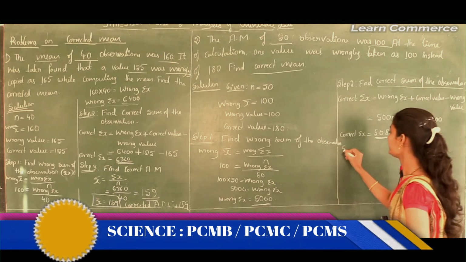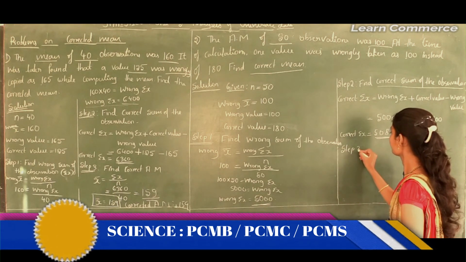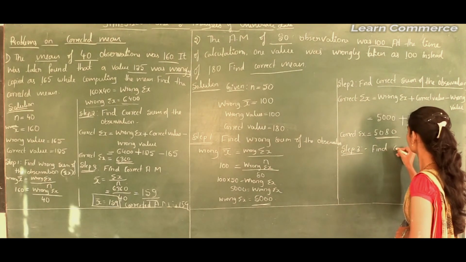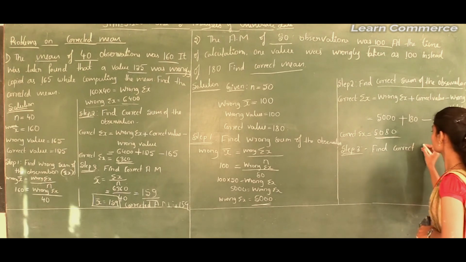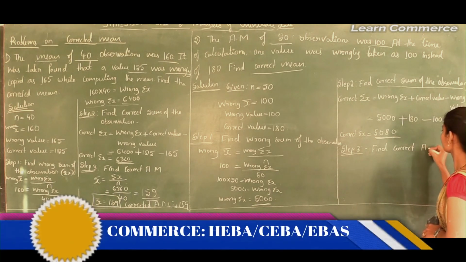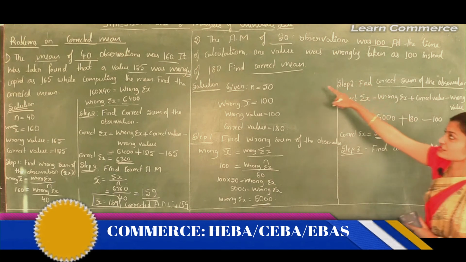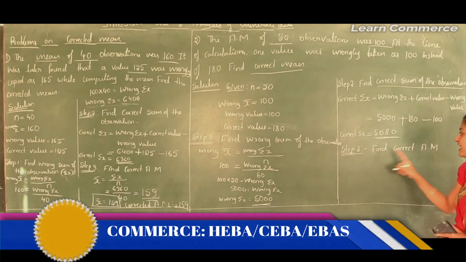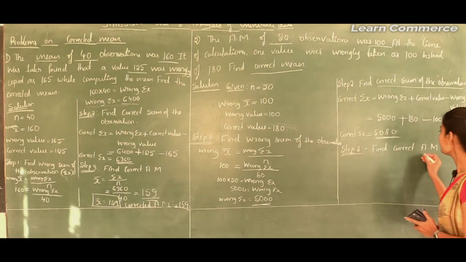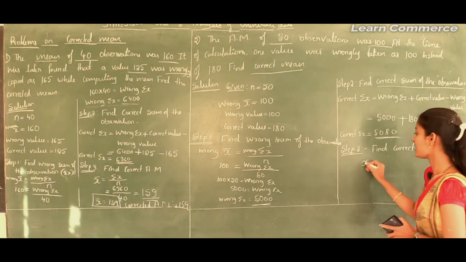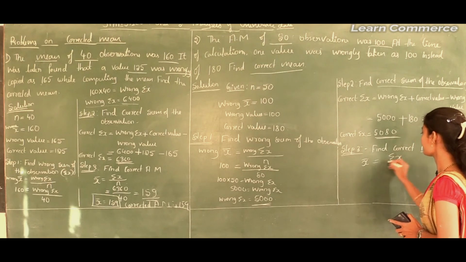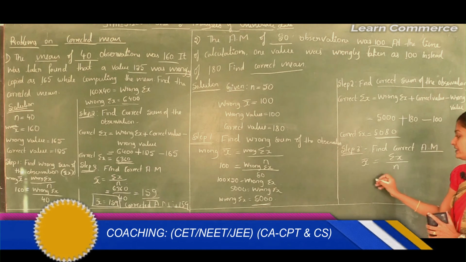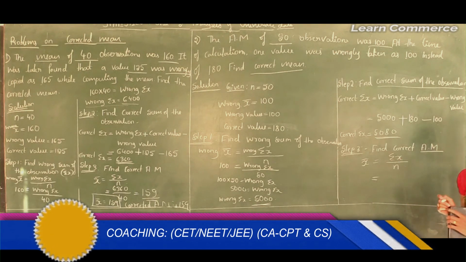Then step 3 is to find the correct arithmetic mean. In step 3 we can find it. We know the arithmetic mean formula: x bar is equal to summation x divided by n.